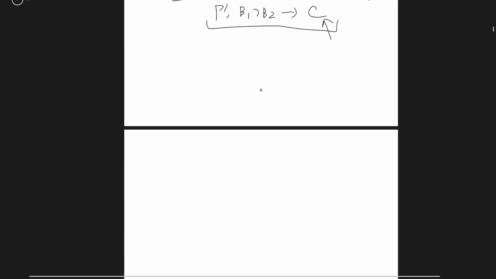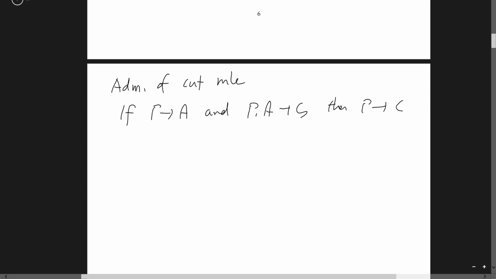Now, suppose that we have finished the proof of this admissibility of the cut rule. So it says, if gamma arrow A and gamma A arrow C, then we have gamma arrow C. And this leads to another conclusion called cut elimination.